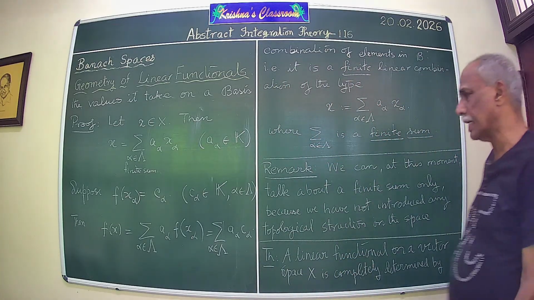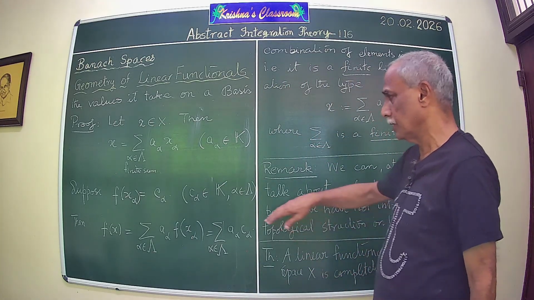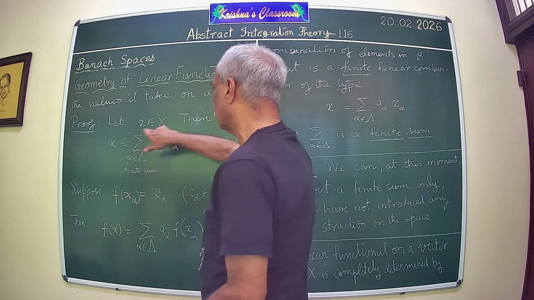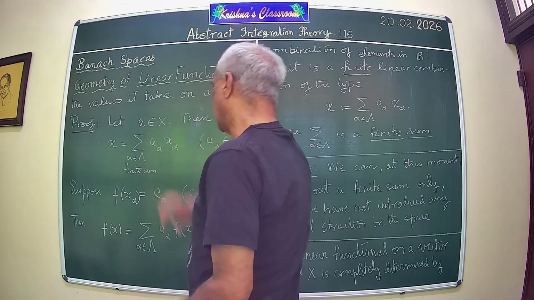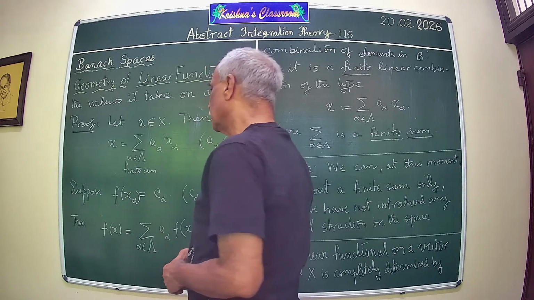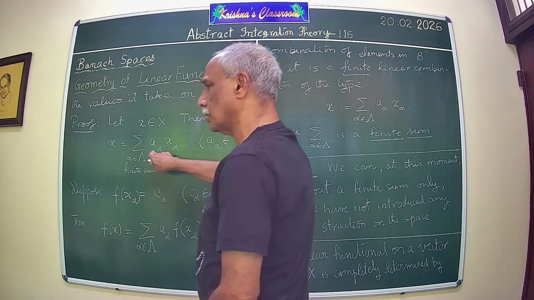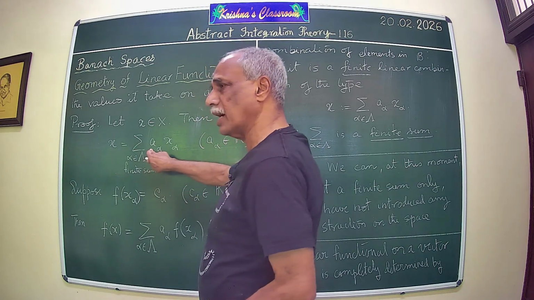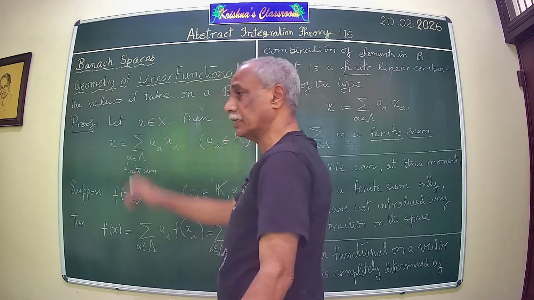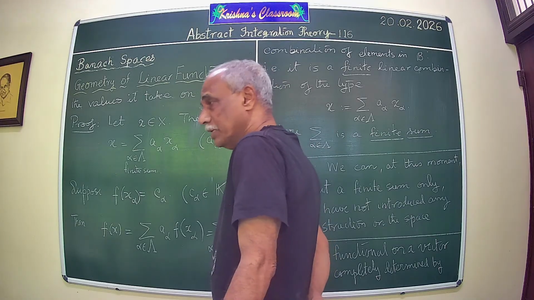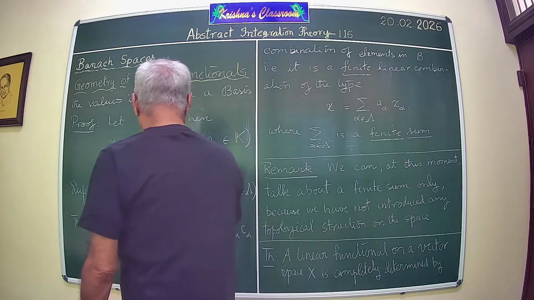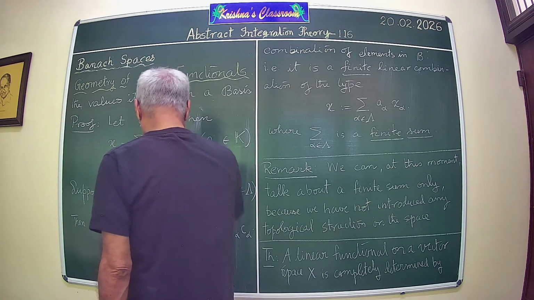So what it means is that if x is an element of capital X, and if x has a representation like this, then that simply means that only for finitely many alpha, a alpha is different from 0. So that this is a finite sum, otherwise it would be an infinite sum, which has no meaning. Okay? So only finitely many a alphas are non-zero.